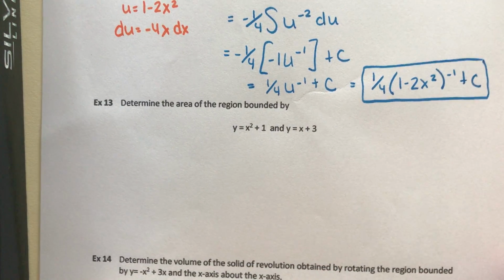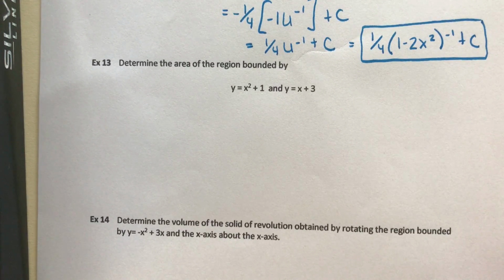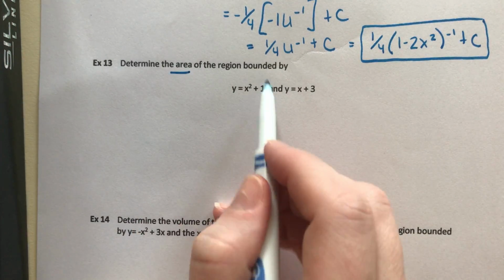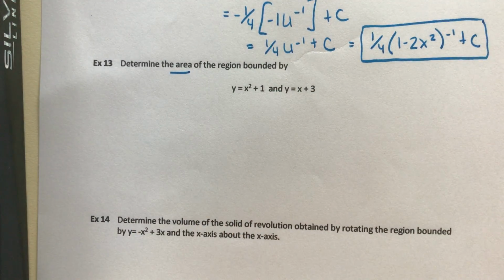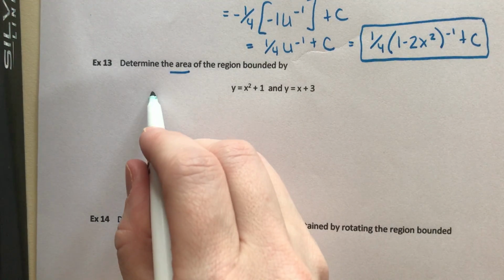So let's start with, we're going to find the area of this region right here. So you might want to pause it and graph this on your calculator. I'm going to draw a sketch on my paper while you do that.